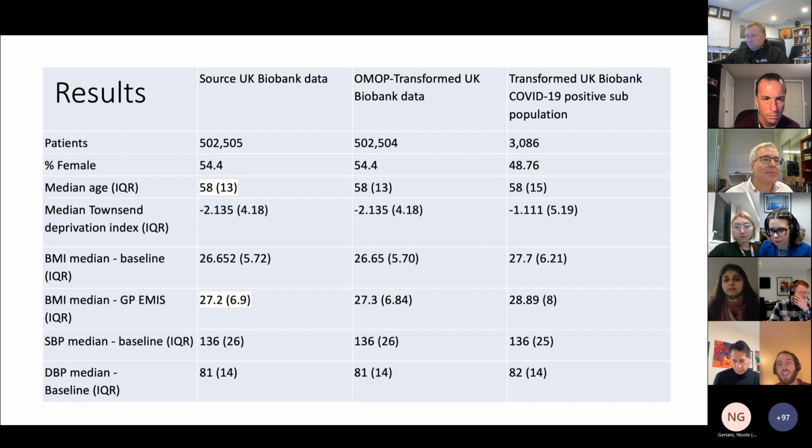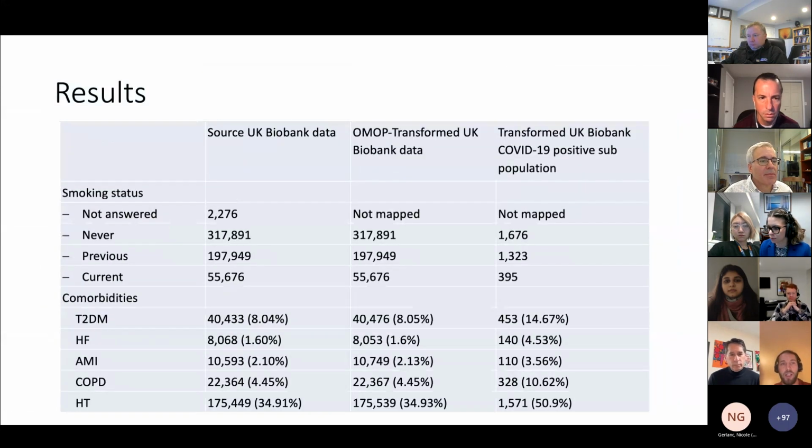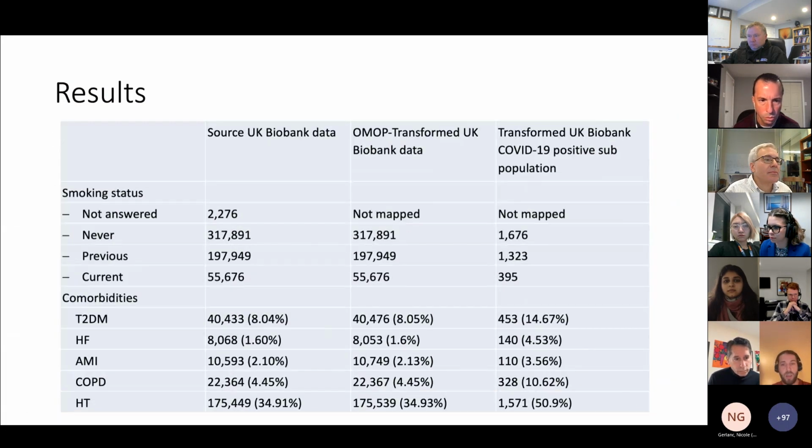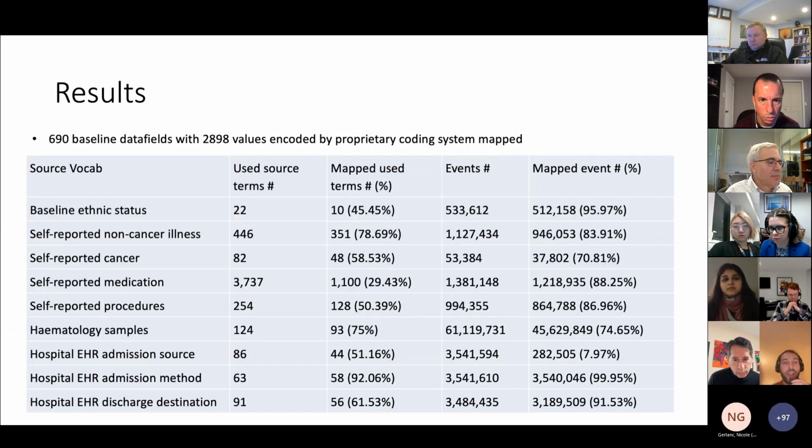We applied them to the source data as well as to the transformed data and compared the results, and the same approaches were applied to the COVID-19 positive subpopulation. We compared those results, and in the end, we found that it was quite accurate.